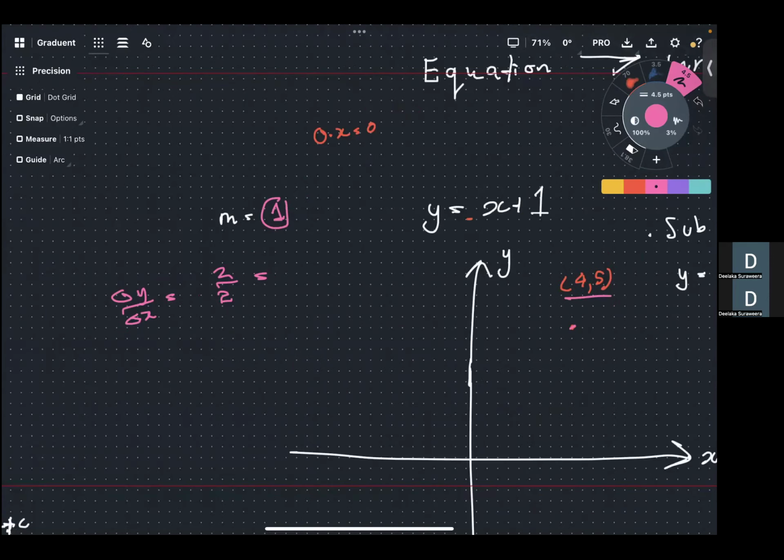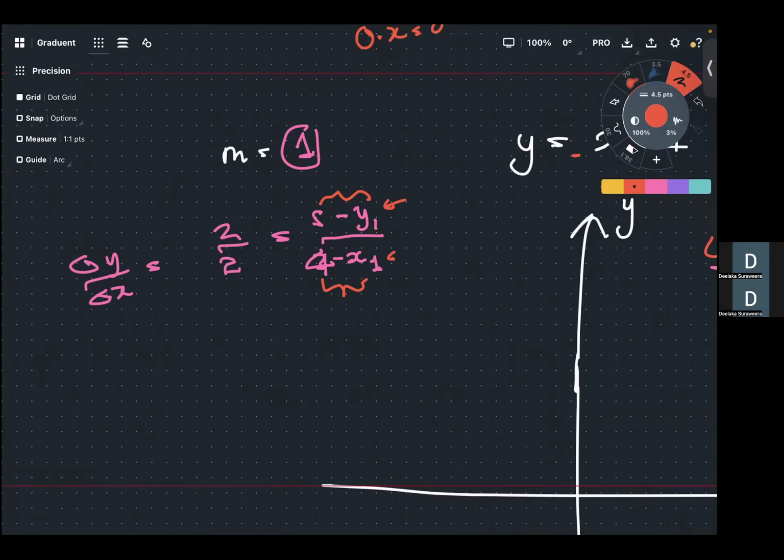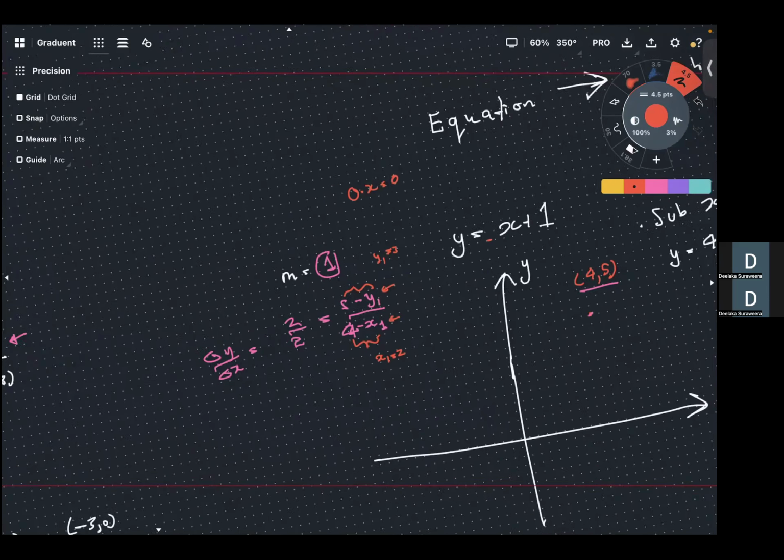And if one of the points is (4, 5), so 5 minus y1 over 4 minus x1, he wanted these values to be 2 and 2, right? And from that, he got 5 minus y1 is 2, so y1 is 3, and x1 is 2. So he got (2, 3) that way. And it works.